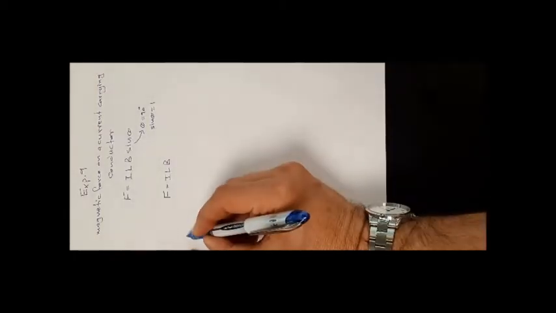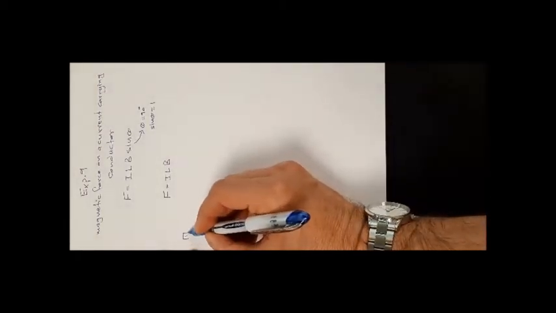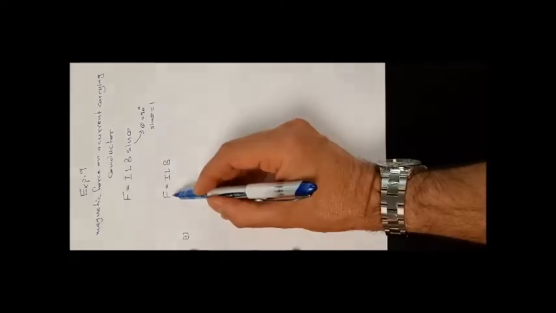This experiment consists of 4 parts. Part number 4 will be skipped, so we will do 3 parts. In the first part, we will investigate the relation between the force and the current.